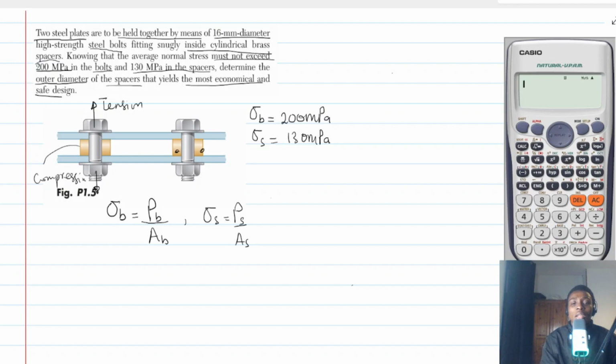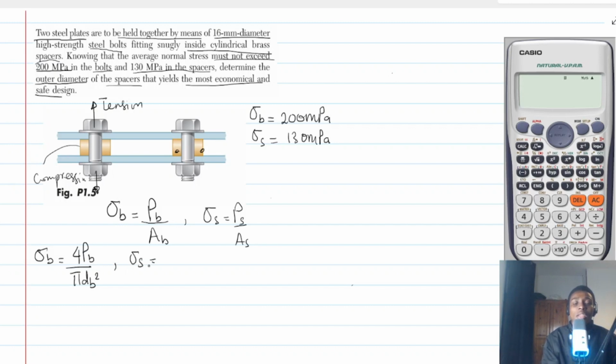We can write the stress in the bolt as load divided by area, which is pi multiplied by dB, where dB is the diameter of the bolt, squared, divided by 4.